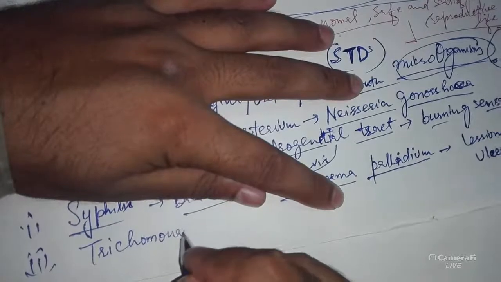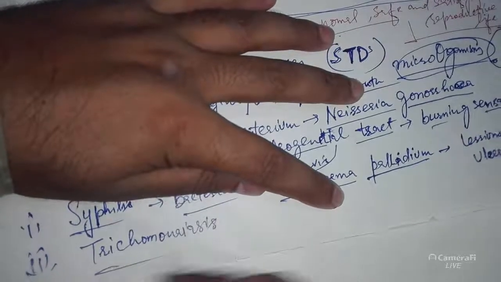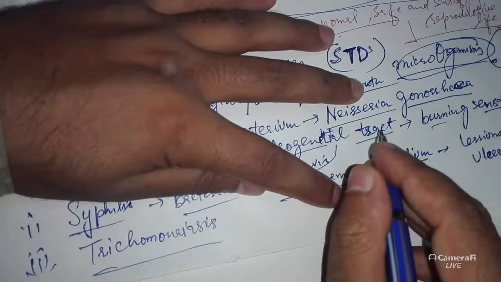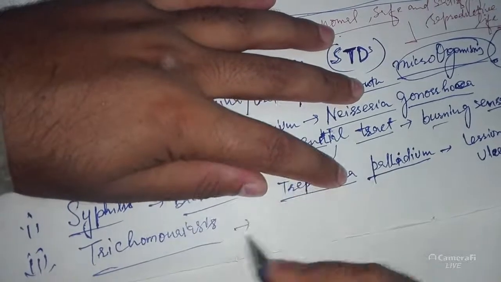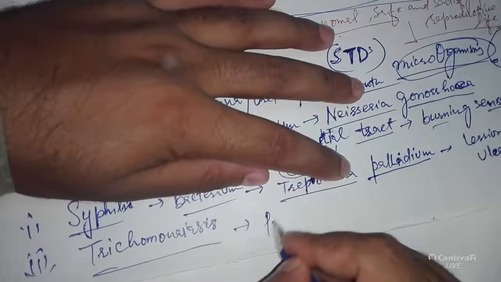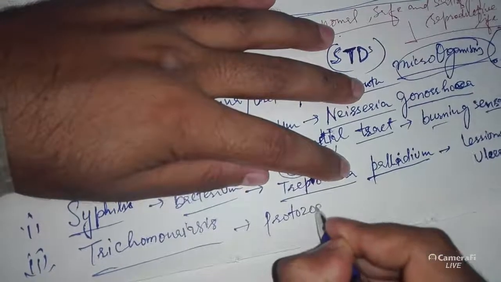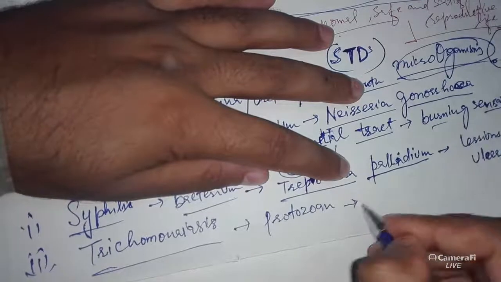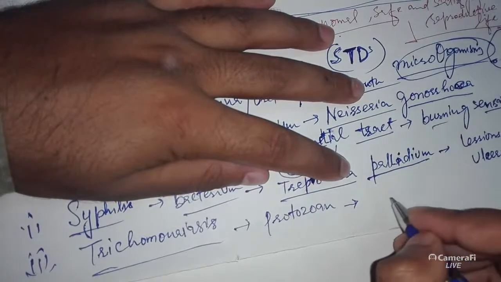Okay, trichomoniasis is caused by a protozoan. A protozoan is not a bacteria, it is another type of microbe. The name of the protozoan is Trichomonas vaginalis.